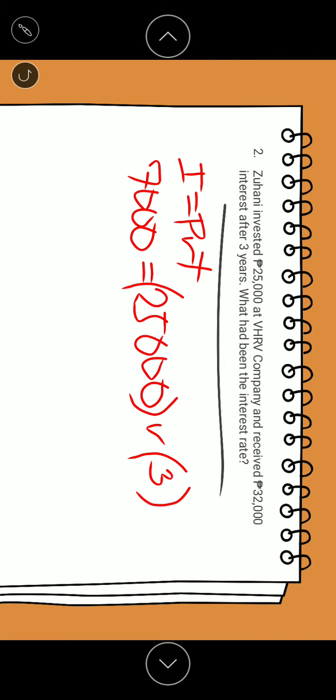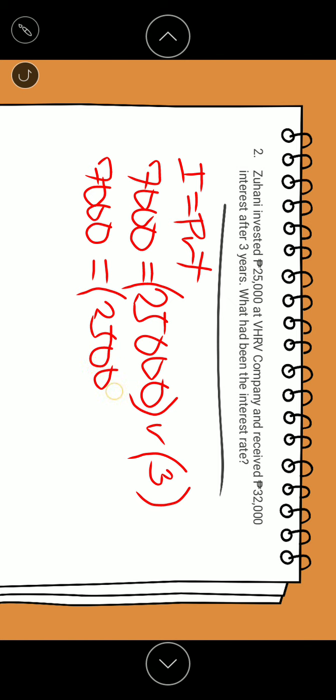Third, multiply the variable R to 3. So, copy muna natin ang 7,000. Step by step process ang kailangan kong ipakita sa inyo para mas madali na siyang maintindihan, hindi value sa memory ninyo. And we copy also the 25,000. Then we multiply R to 3. So we have R times 3 is 3R.